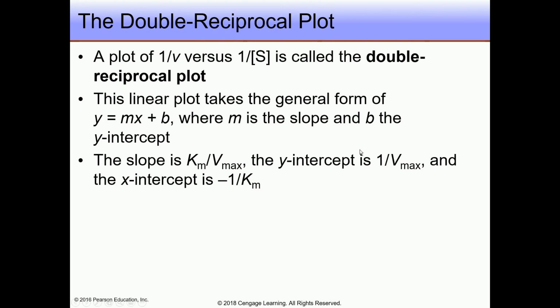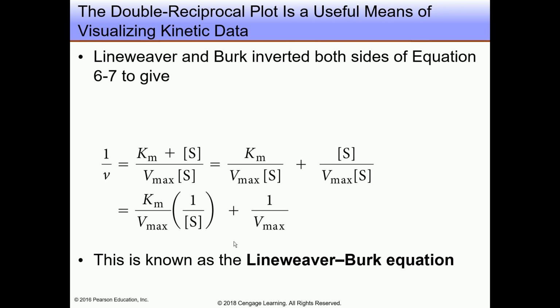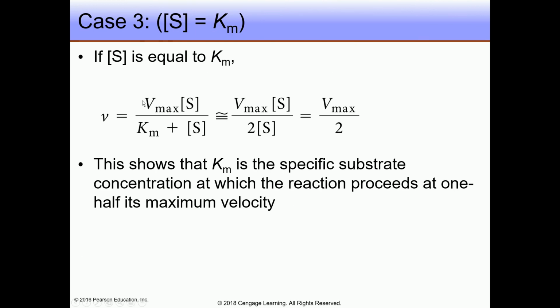What is done in this is that both sides of the Michaelis-Menten equation are inversed, and the equation is then called the Lineweaver-Burk equation. If you look at this, this is the Michaelis-Menten equation. So inverse it, and then we get the Lineweaver-Burk equation.